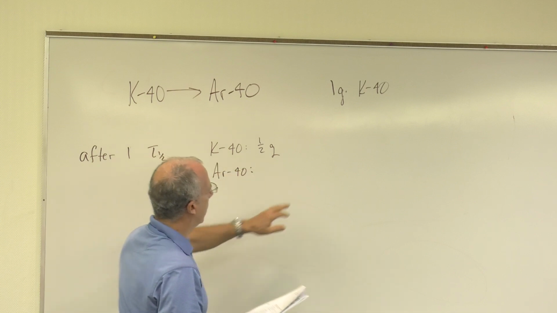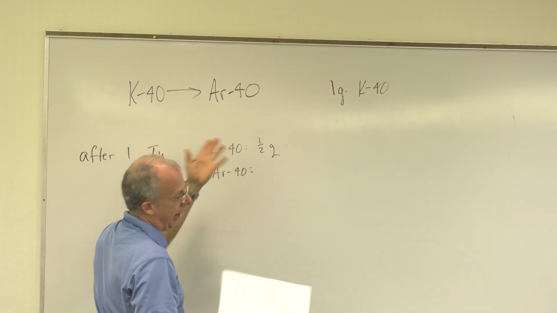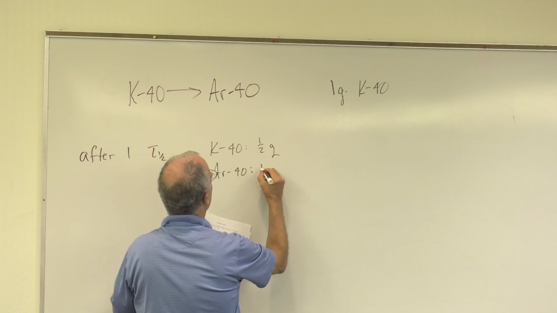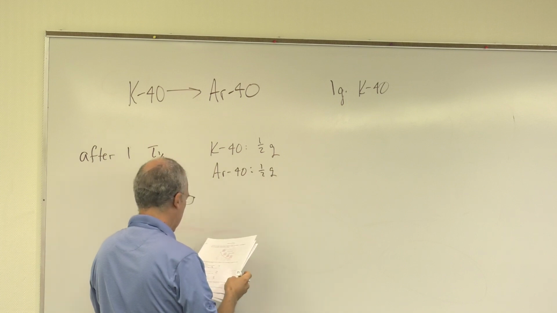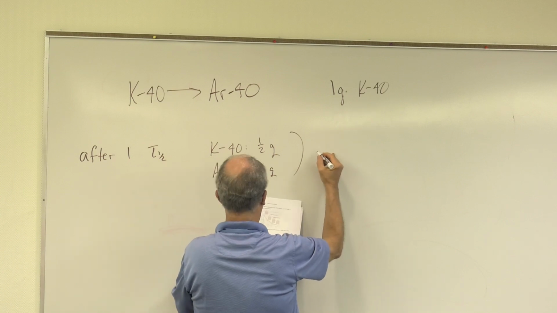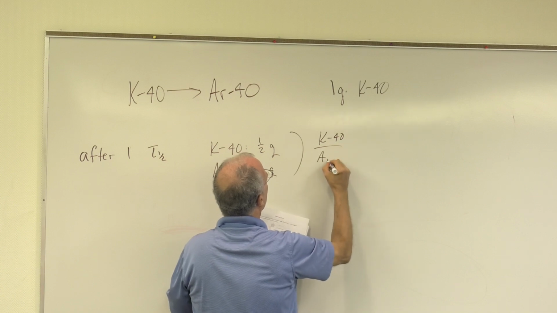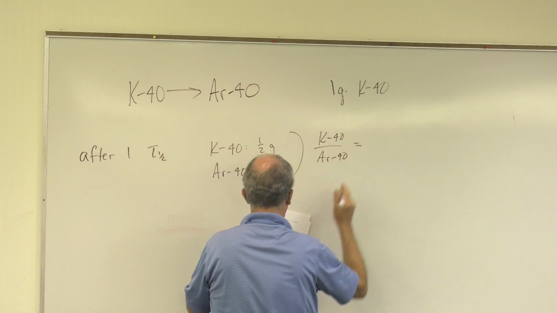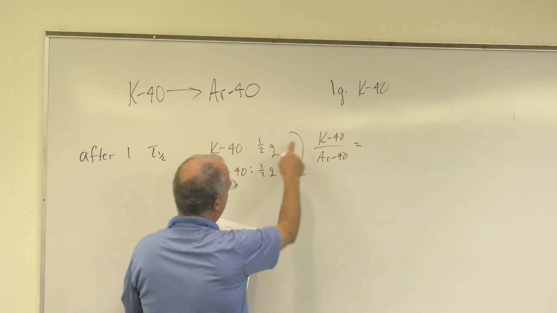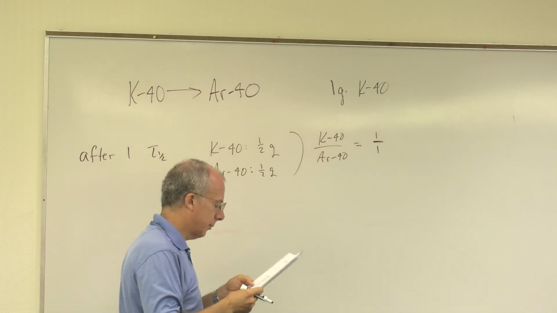Well, we started off with 1 gram of K40. Half of it decayed, it became argon, so half a gram. So therefore, what's the ratio of K40 to argon-40? Well, it's a half divided by half, so it's 1. Or you can say 1 to 1, whatever you like.